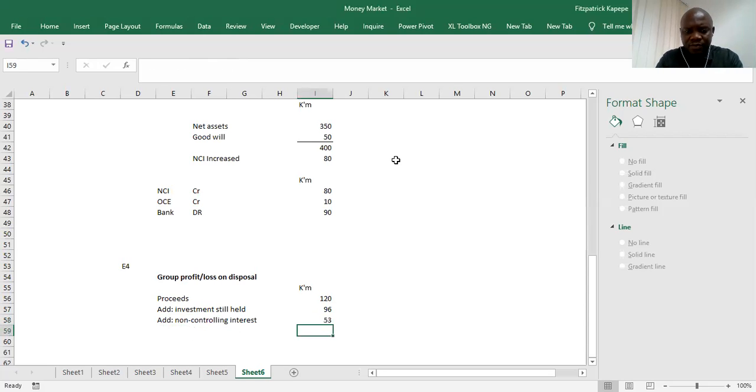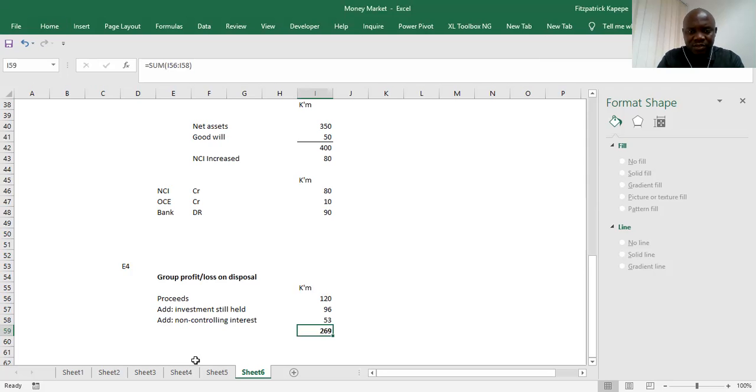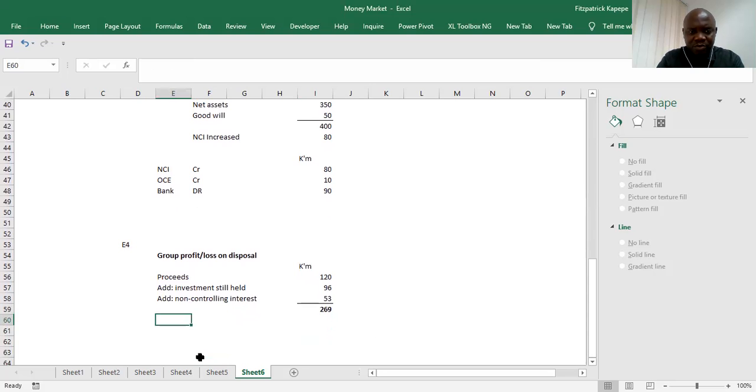So show 53. I'll regard this as the total value. Then we look at the disposal. So say less disposal. How much was the disposal? 201. Goodwill. 38.